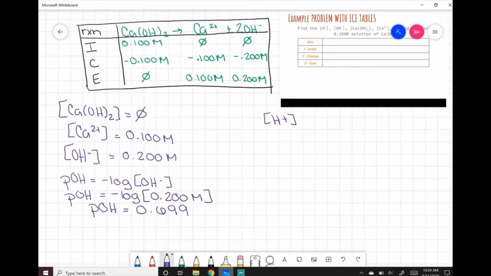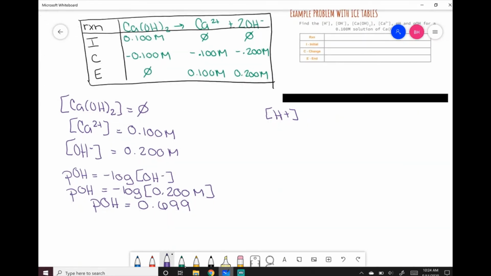Based off of that, I can now find my pH because I know that 14 equals my pH plus my pOH. So that means that my pH is going to be 14 minus 0.699. So my pH ends up being 13.301.